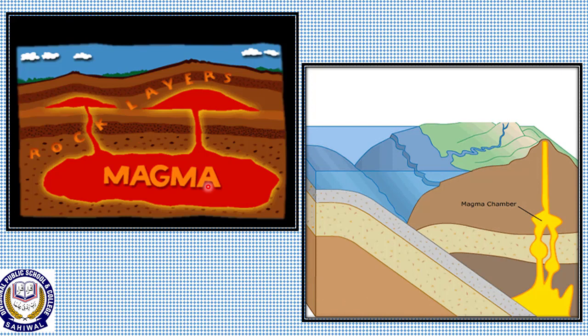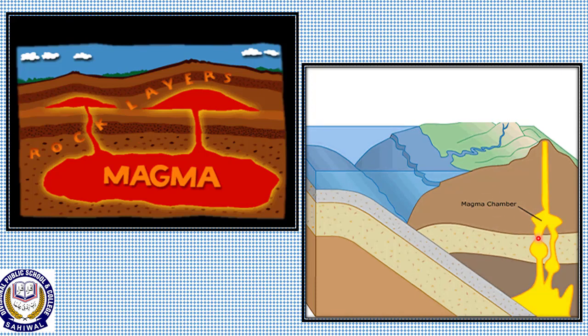Magma. What is coming to your mind about magma as shown over here in this picture? The term magma is used for molten rock that is underground. Magma is a molten or semi-molten natural material from which all igneous rocks are formed, and gases are also involved over here.